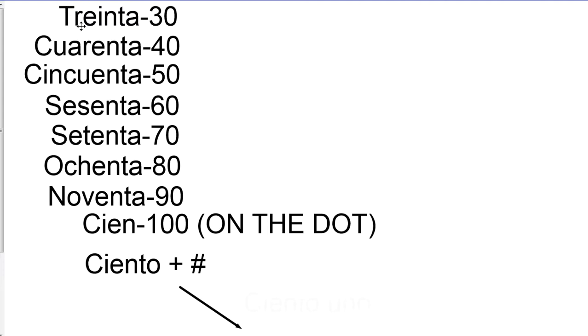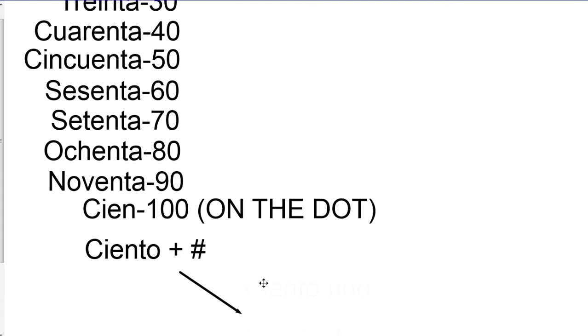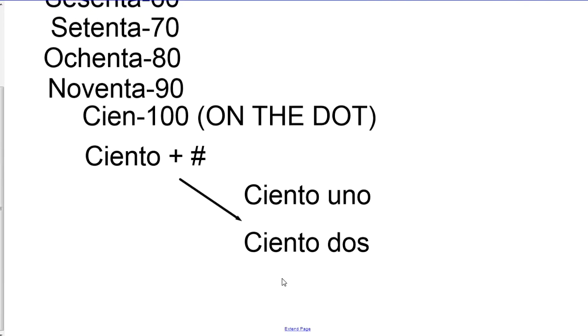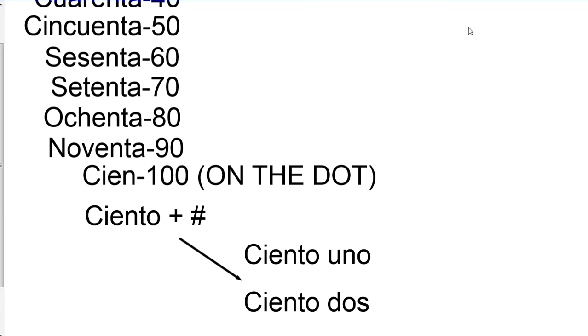So 30, 40 is cuarenta, 50 is cincuenta, 60 is sesenta, 70 is setenta, 80 is ochenta, 90 is noventa. Once you get to 100 on the dot, you're just going to say cien. But anything past 100, we need to put ciento in the number. So 101 would be ciento uno. 102 would be ciento dos. And so on and so forth.